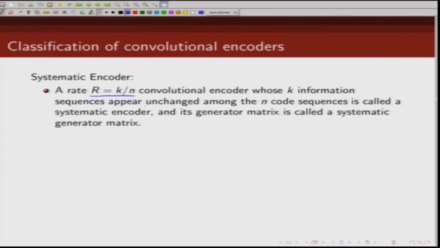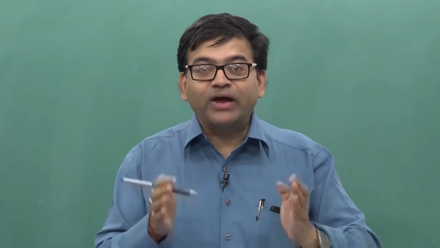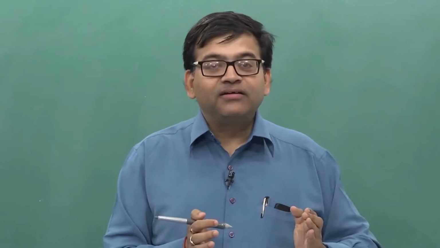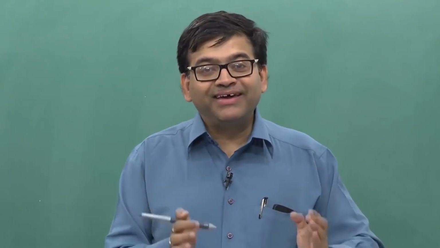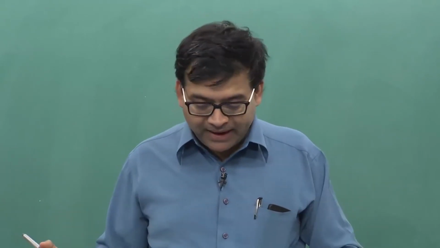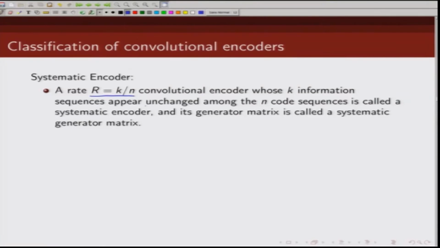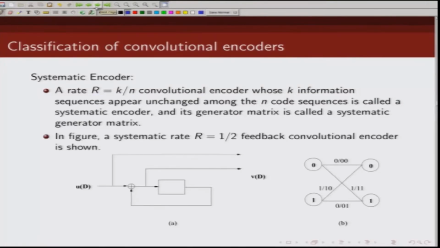So, out of those n coded bits, you can directly see the k information bits, and the rest n minus k bits are your parity bits. And the generator matrix corresponding to a systematic encoder is known as systematic generator matrix.